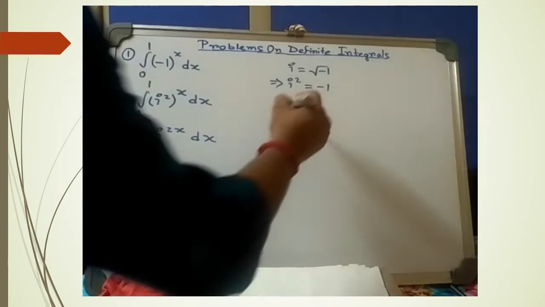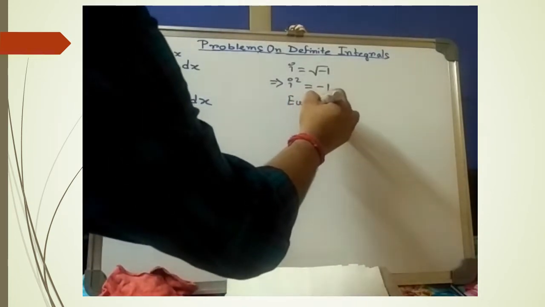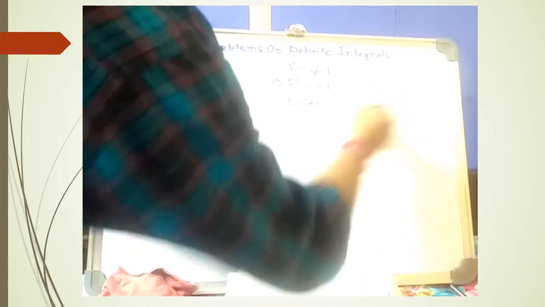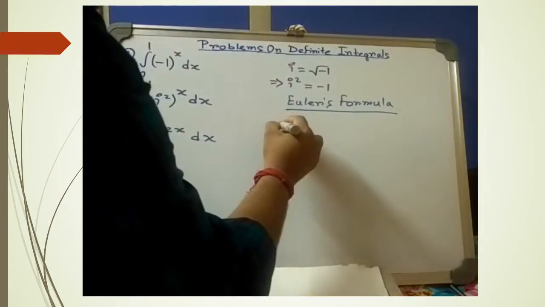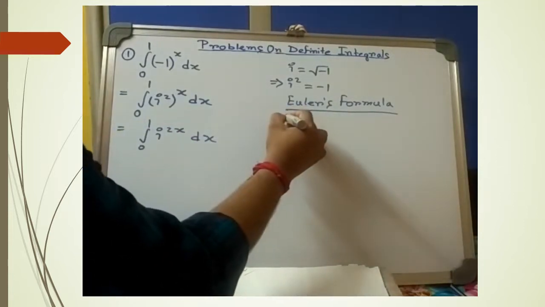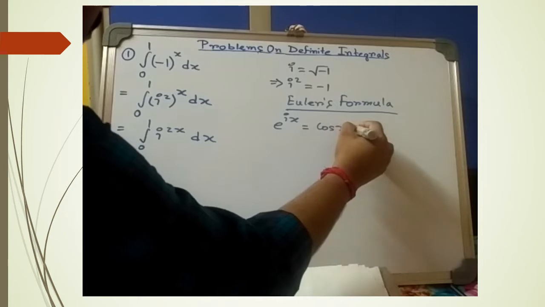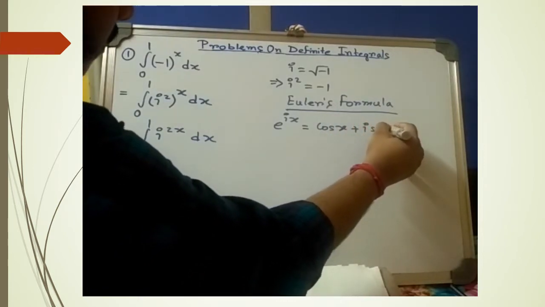Again, from Euler's formula, e to the power ix equals cos x plus i sin x.